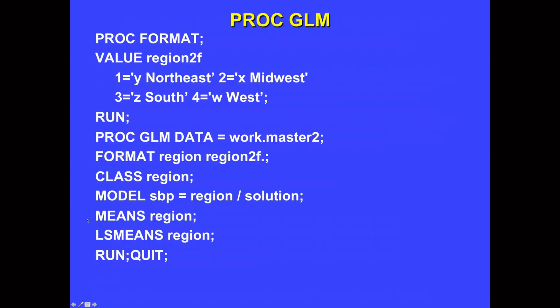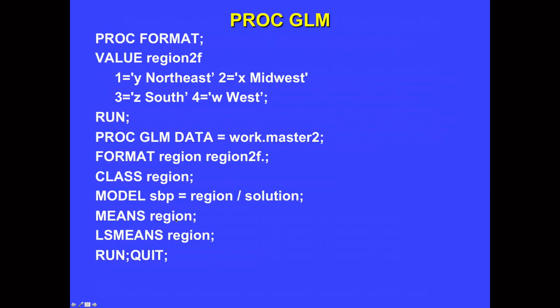I'm also including a mean statement and an LS mean statement. So what these additional statements do is explained in more detail on the next slide. Very briefly, the mean statement by default will give you sample sizes across levels of any class variables, and it will also give you the mean value of the outcome variable across levels of a classification variable.